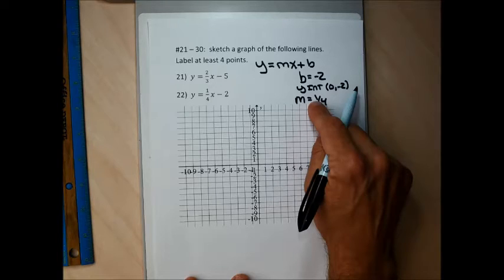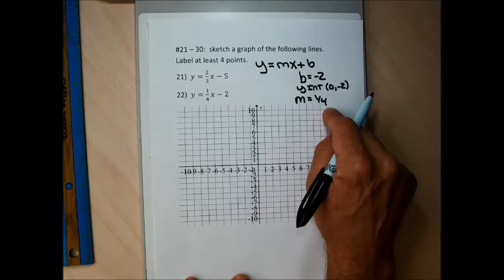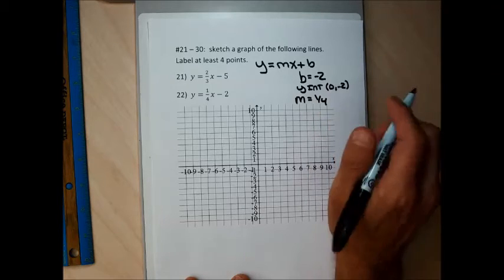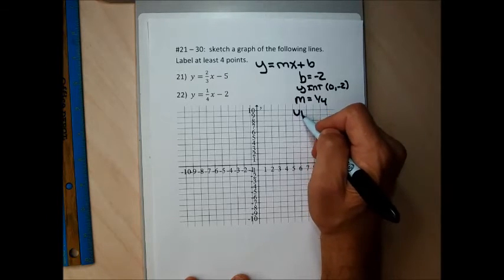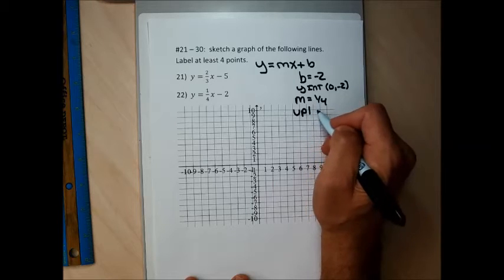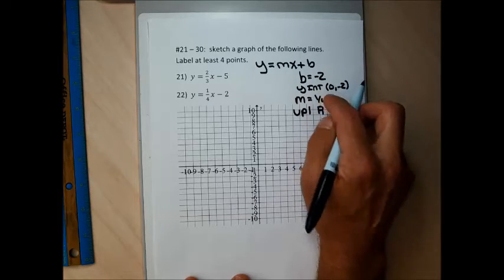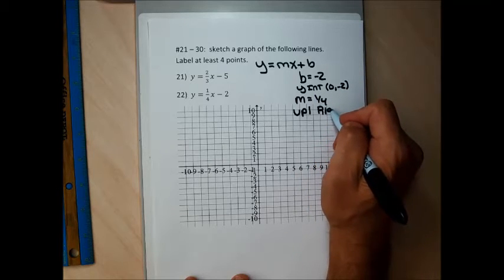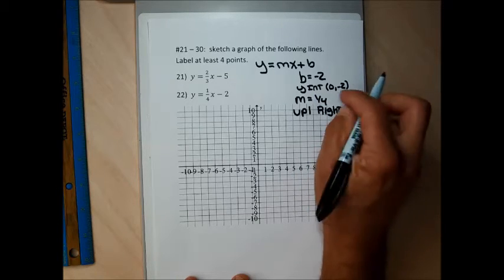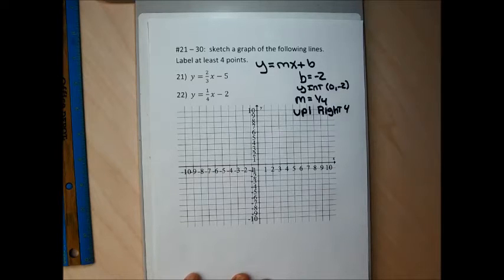If it's negative, it's down. The denominator is the x direction. If it's positive, it's right. If it's negative, it's left. This slope is positive 1/4. That tells me I can get from point to point on this graph if I go up 1, which is the y direction, where positive y is up, and right 4, because positive x is to the right.